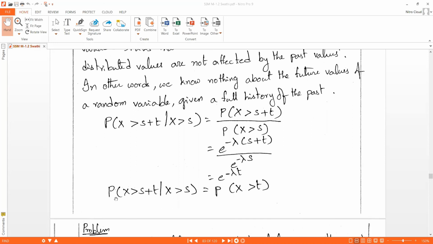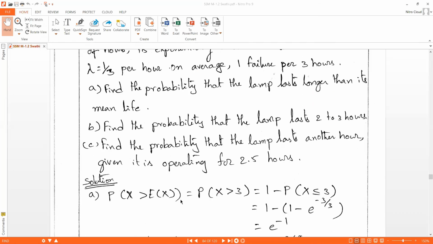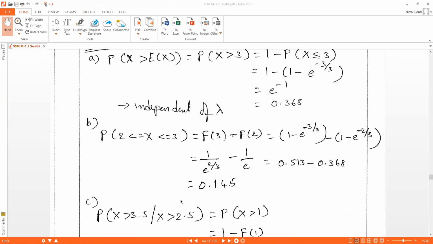So P of x greater than s plus t given x greater than s is equal to P of x greater than t. Okay, here we have a small problem related to that exponential distribution.